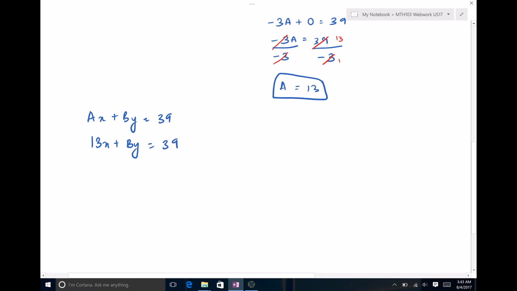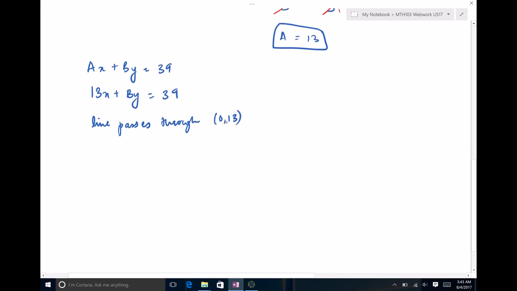And we know that the line also passes through the y-intercept, the point (0, 13), which means I can plug these points into this equation and it should make sense. So that's 13 times 0 plus b times 13 equals 39.